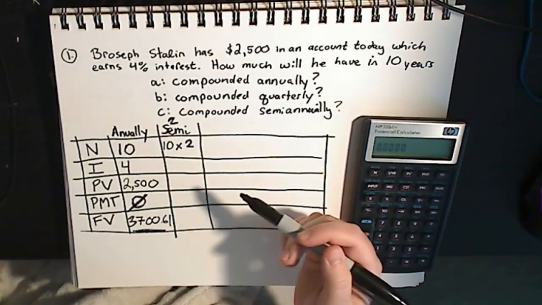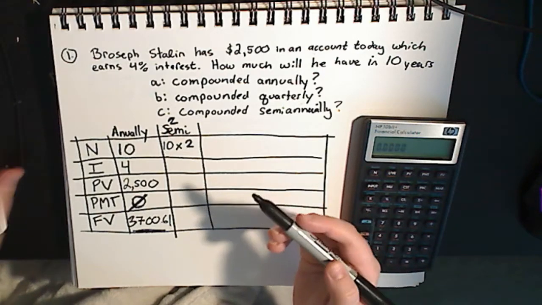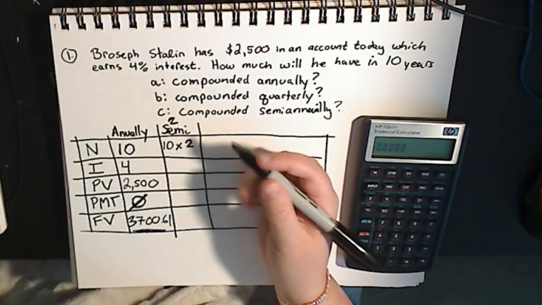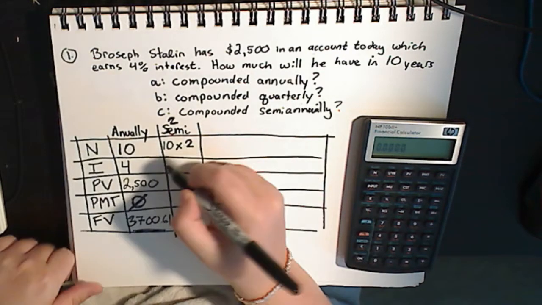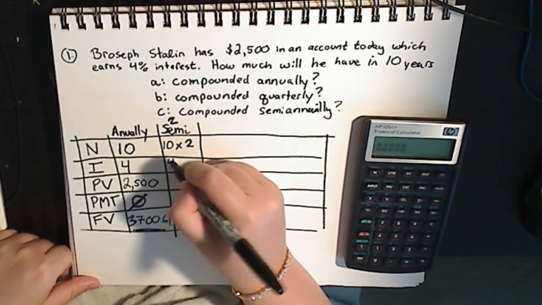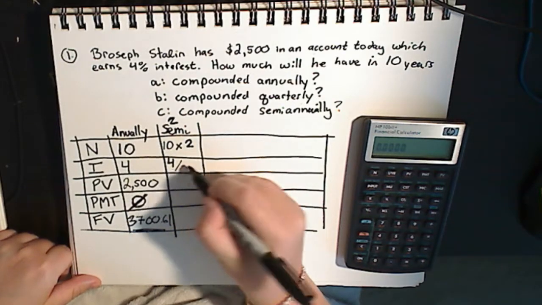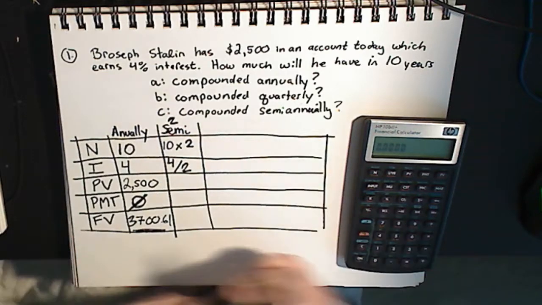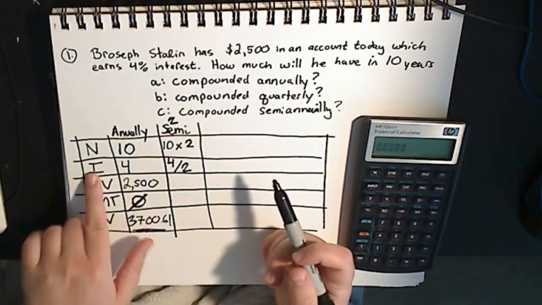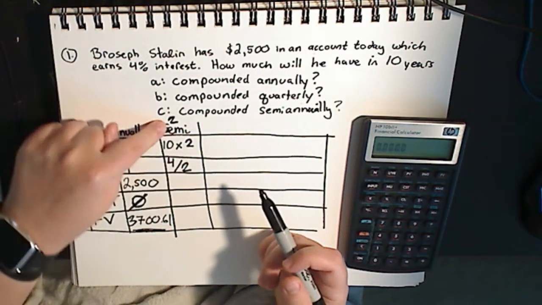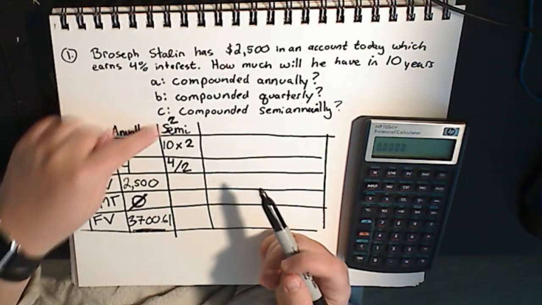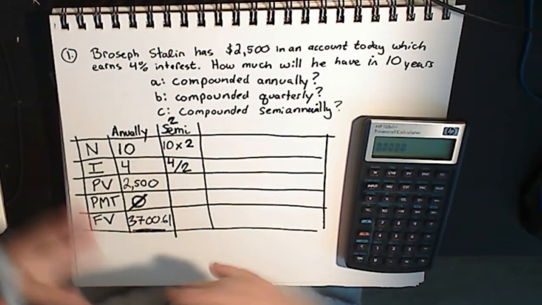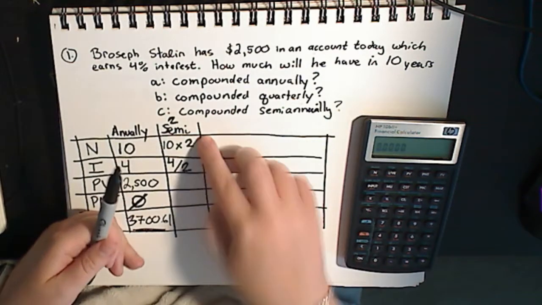So we're going to do the interest rate over the periods. So 4 over 2. So interest rate over the number of periods. These two will kind of balance each other out and give us a number that's more in touch with reality than if you only adjusted one.